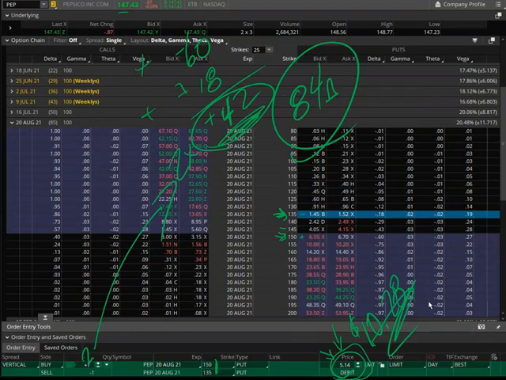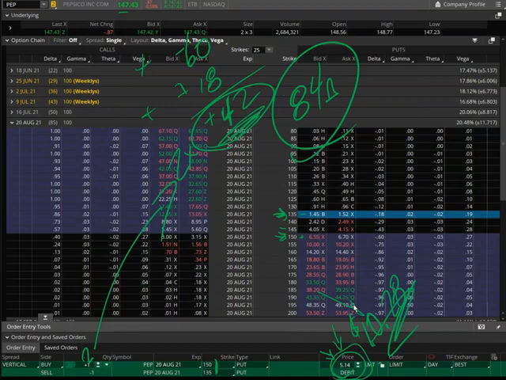If the underlying goes against you, you're going to lose money either way, up to the 84 delta or the 50 delta. But if you're looking at it from apples to apples and you're only willing to spend this much, like, I don't mind paying $13 for a trade or risking $1,300, well, then I would look at doing two of these in that case.